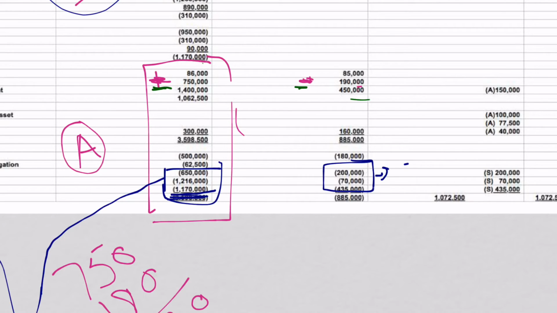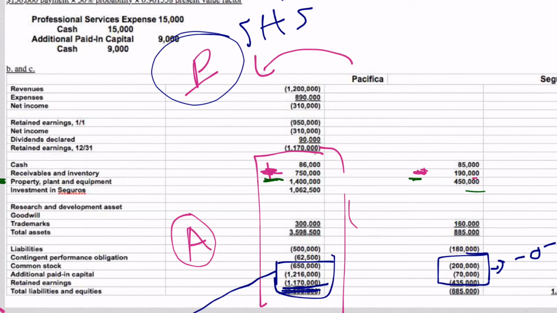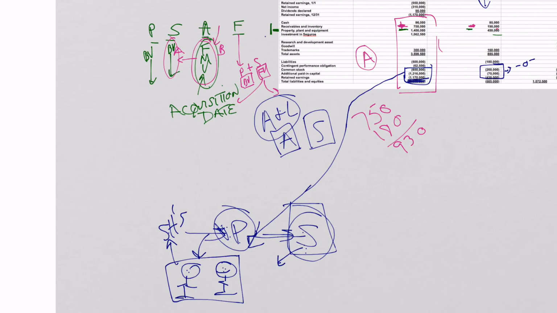That's the only place they can go. The equity accounts of the subsidiary, that's this column here, go to zero because they exist in terms of the subsidiary as its own unit, but in a consolidated total, they don't exist. The consolidated owners are just the shareholders of P.